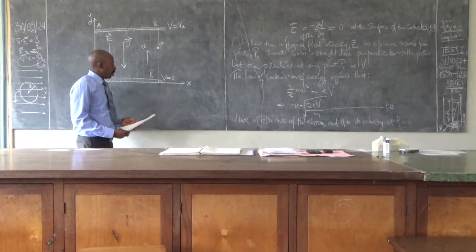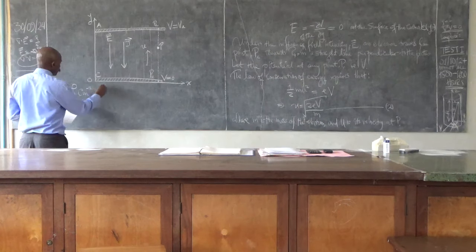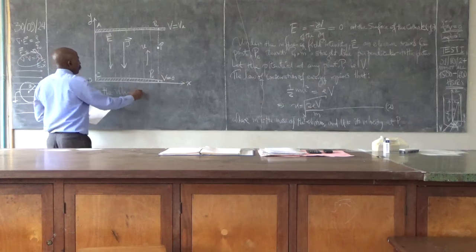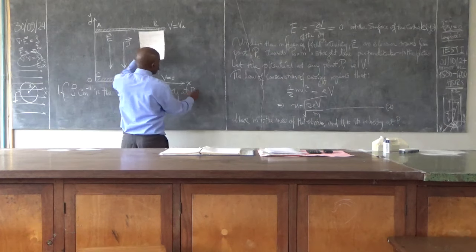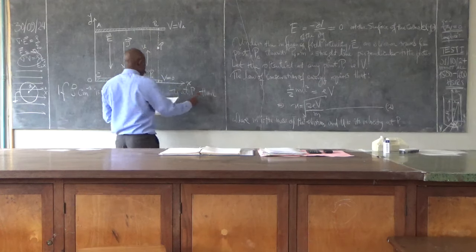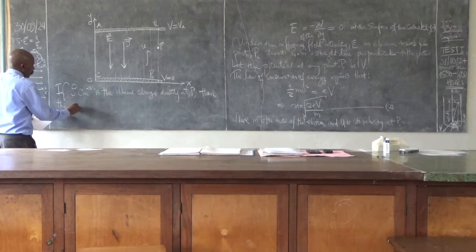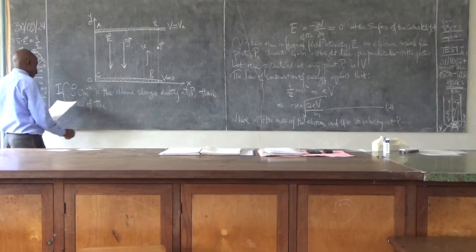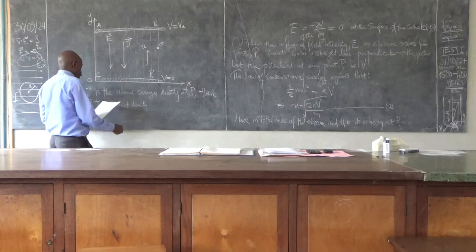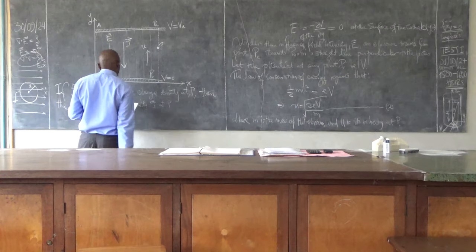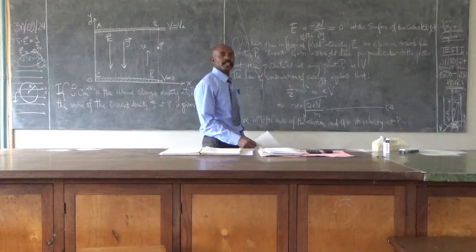Now, if rho coulomb per meter cubed is the volume charge density at this particular point P, then the value of the current density J at P is given by, anyone who can guess what would be the current density.